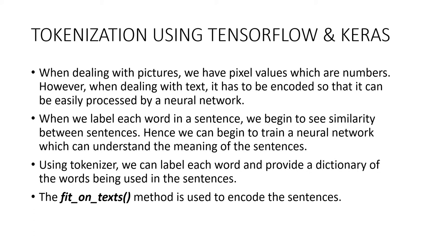When dealing with text in natural language processing, the text has to be encoded so that it can be easily processed by a neural network. That's really important. When we label each word in a sentence, we begin to see similarity between sentences. Hence, we can begin to train a neural network which can understand the meaning of the sentence.